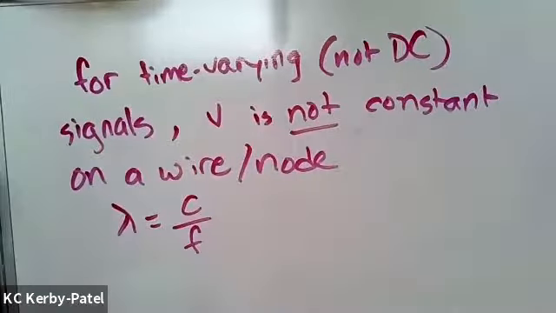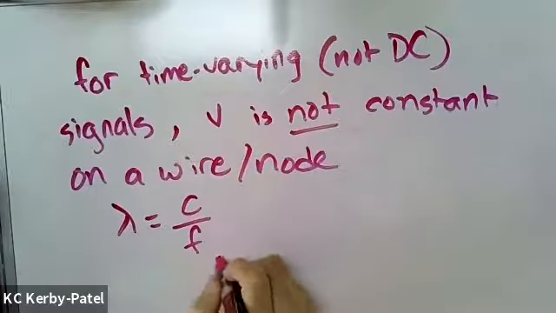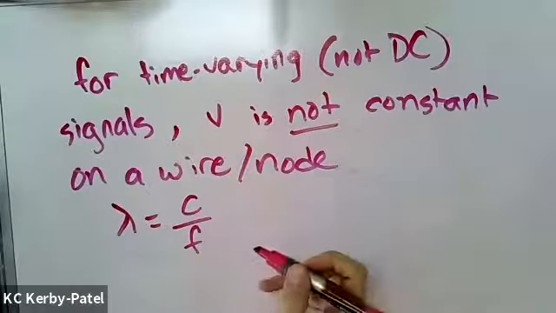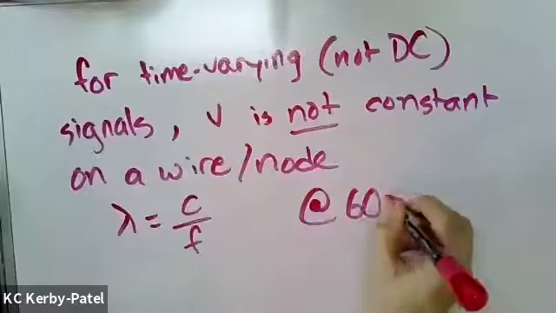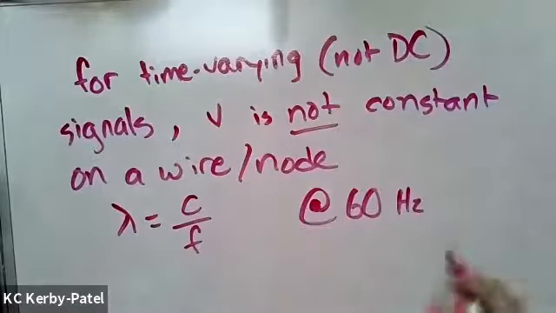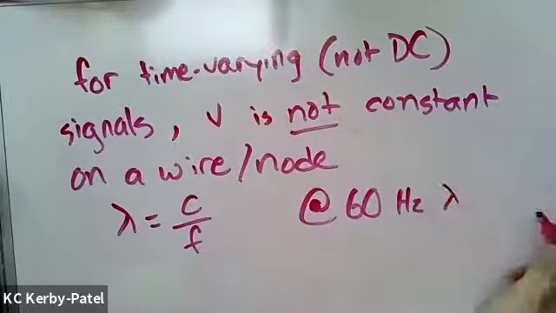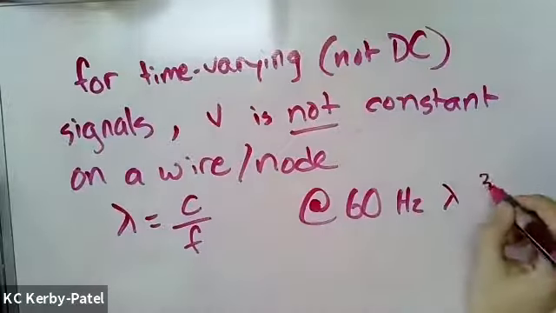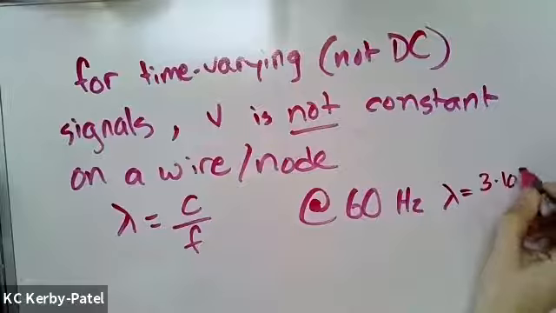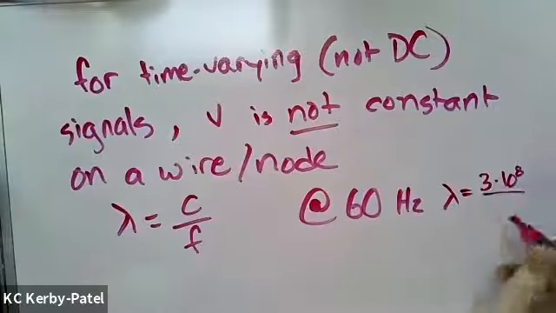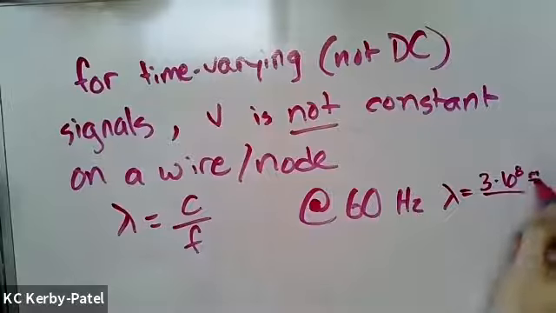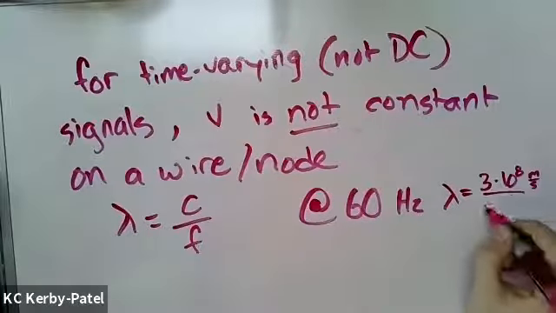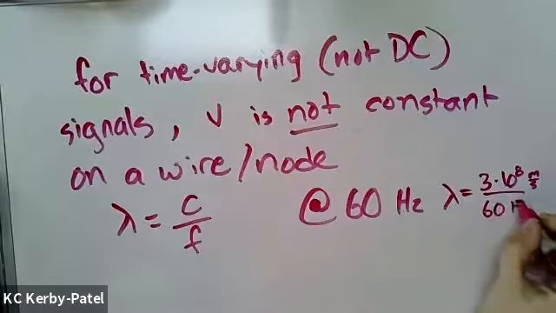But if you are working at low frequencies, like at 60 hertz, right? Then the wavelength is 3 times 10 to the 8th meters per second, the speed of light, divided by 60 hertz.